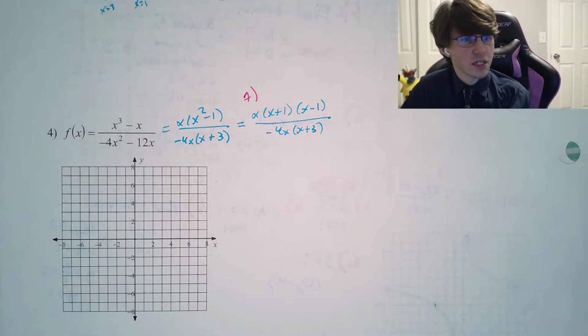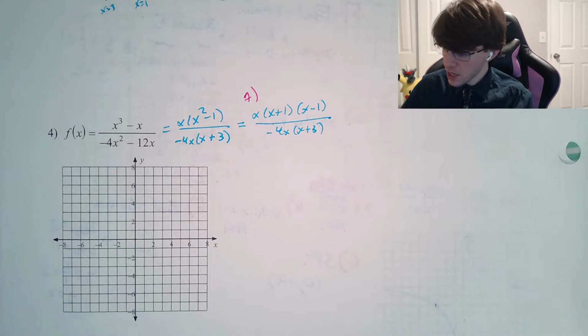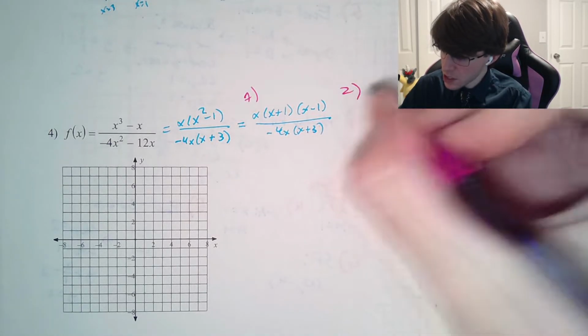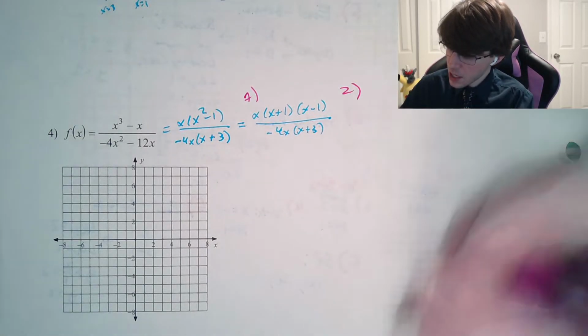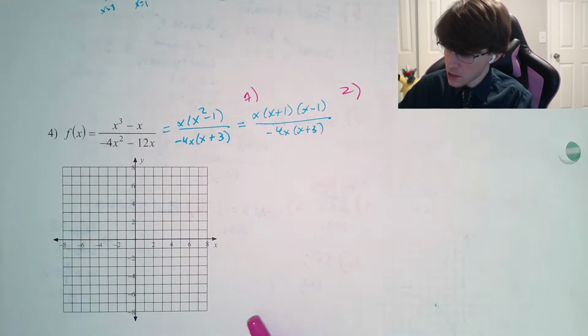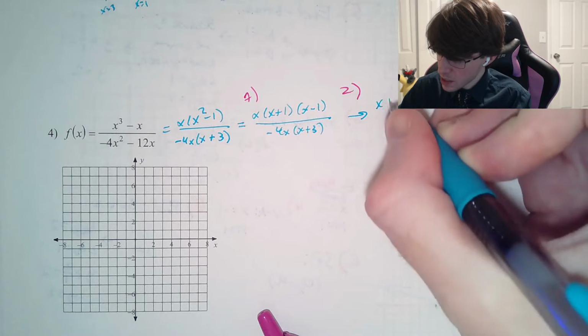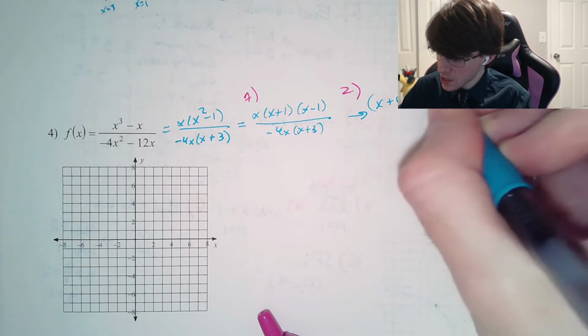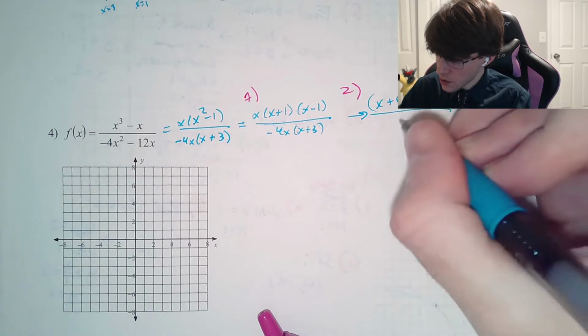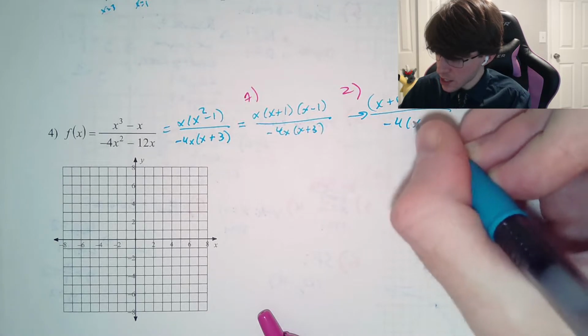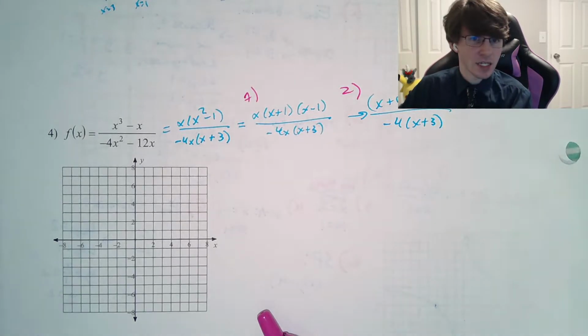After you've done that step 1, we move on to step 2 for the canceling. For step 2 on this one, there is a hole. Specifically, the x's cancel here. So the x's cancel, and it becomes x plus 1 times x minus 1 over -4 times x plus 3. And again, those x's cancel.